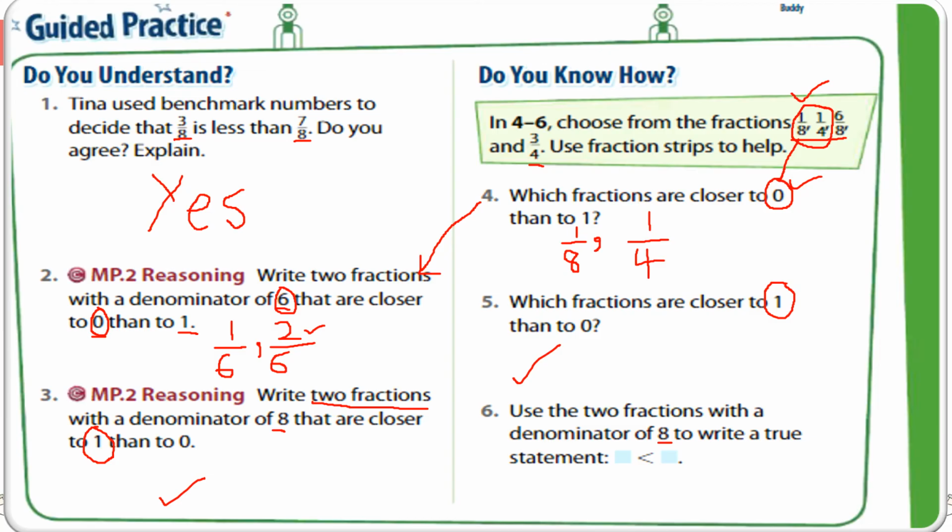With a denominator of 8, we have 6/8 and 1/8. If the denominators are the same, by looking at the numerator, which one is bigger? A bigger numerator will give a bigger fraction.